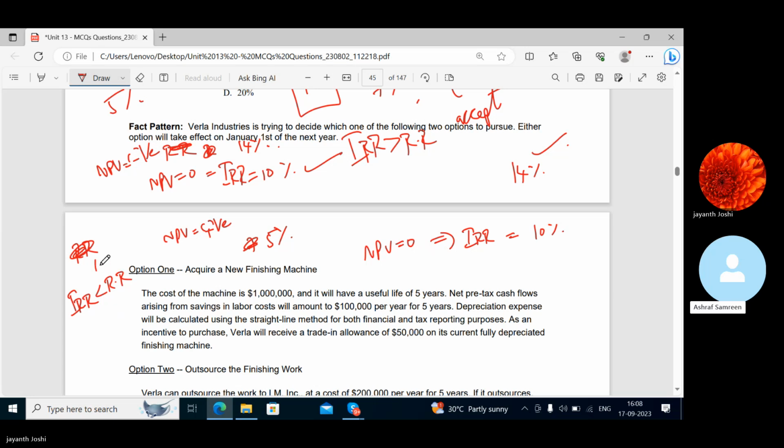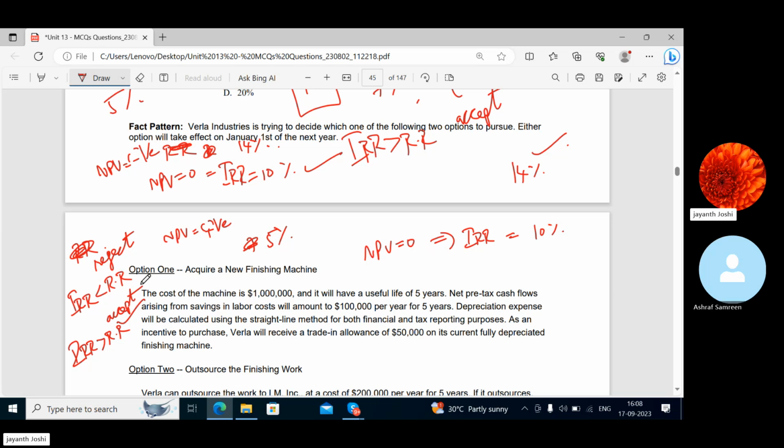You have to reject the project. You cannot take it. If your IRR is more than the required rate of return, then at this required rate of return you will get a positive NPV, so you can accept. Correct?